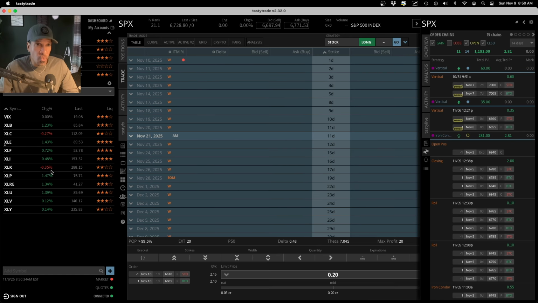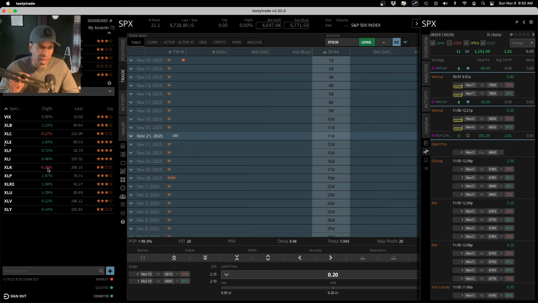And so when the SPX makes a 20-point move above the opening price or below the opening price, I'm looking to see what's going on with XLK. If the market is dropping, is XLK continuing to drop in value as well?